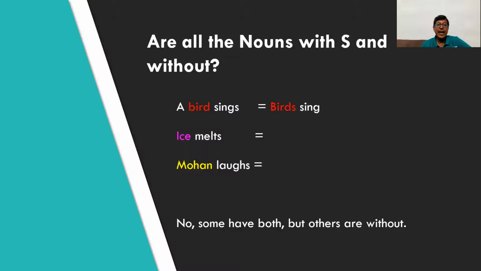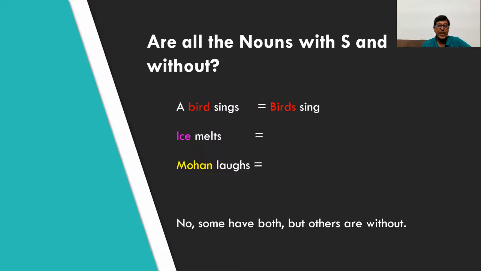The second one is, ice melts. And change it into plural. No, you can't change because ice remains the same. It has only one form. Ice also is a common noun like bird, but it has only one form. It doesn't have 2 forms like bird.